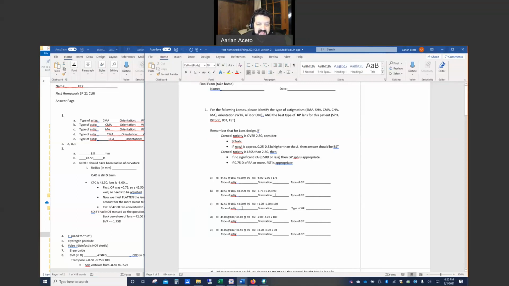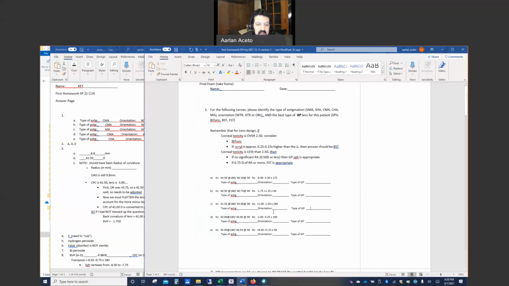This would be a mixed astigmatism. But in this case, because they match up, there's not a lot of corneal cyl. And there is no residual astigmatism. It's 1.5 with the rule, 1.5 with the rule. If you compare the Ks to the Rx and they match up, in this case, it would be a GP sphere for letter C.